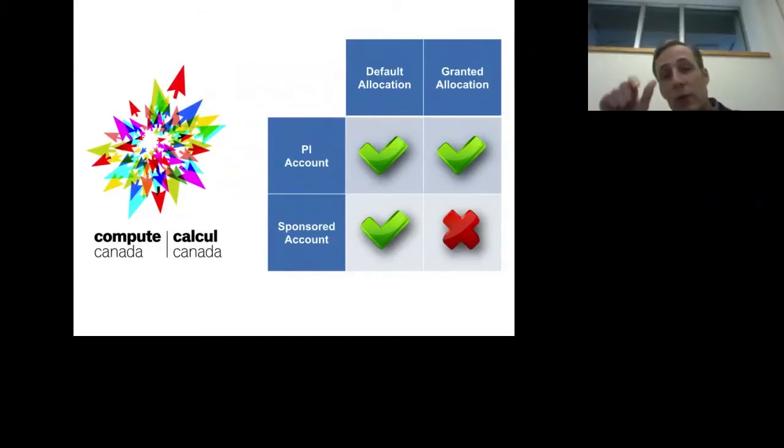The important difference between the default allocation and the granted allocation is the default allocation is available to sponsored users. So the sponsored users get a full clone of the principal investigator's default allocation. So it's not shared.